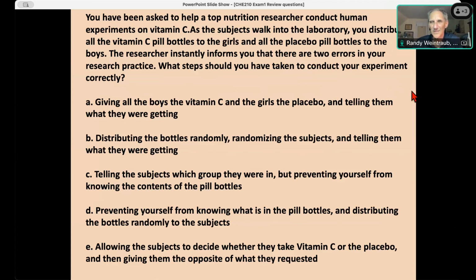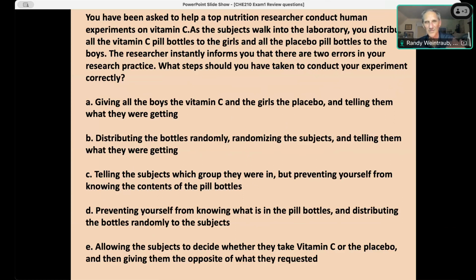So that's strange. You wouldn't select just the girls to give the vitamin C. That's, of course, bias, and it's supposed to be randomized. Plus, the best studies are blinded.